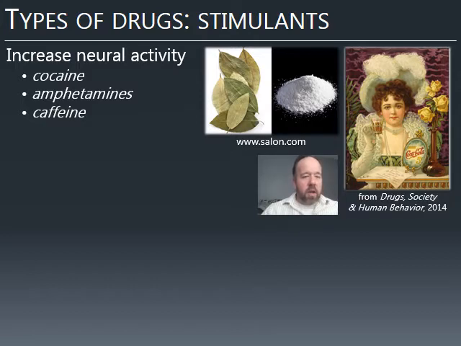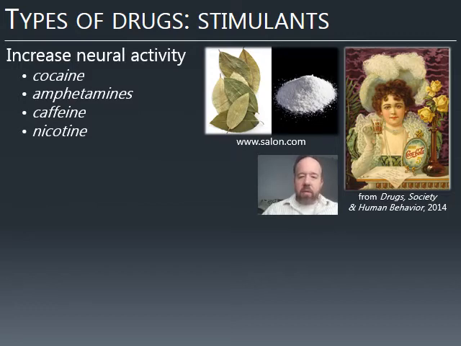It works in a pretty different way than cocaine or amphetamines do, but it does increase neural activity. And finally, nicotine. So some sources put nicotine in a separate category. Your book classifies it as a stimulant, so we'll stick with that. But nicotine also works in a slightly different way. But all of these things, generally speaking, increase neural activity.